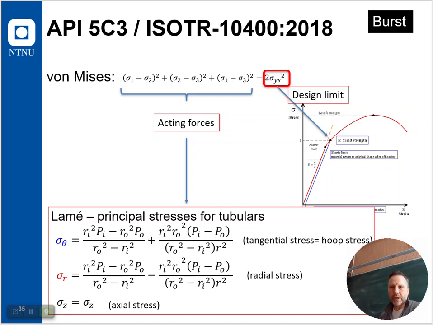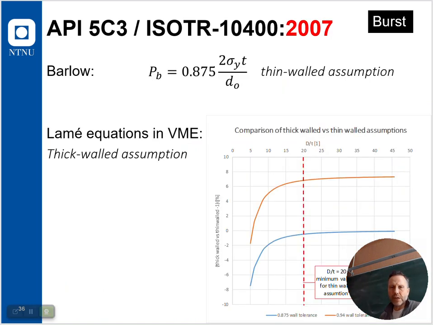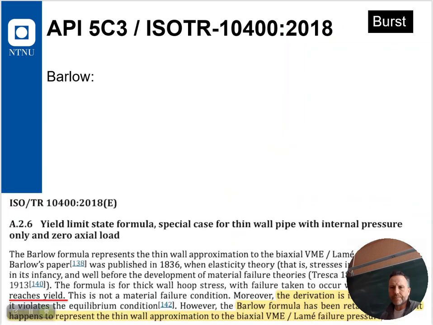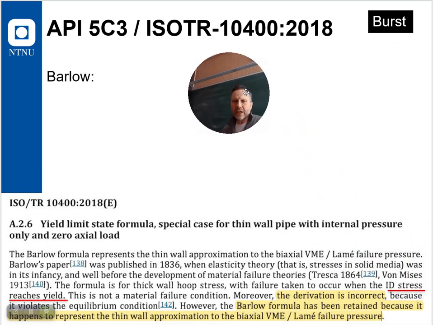Yeah, I talked about the von Mises. Barlow, it is okay for thin-walled pipe. That's not what Barlow said in his publication in 1836. He was thinking it was a thick-walled calculation. This is what the standard is saying.